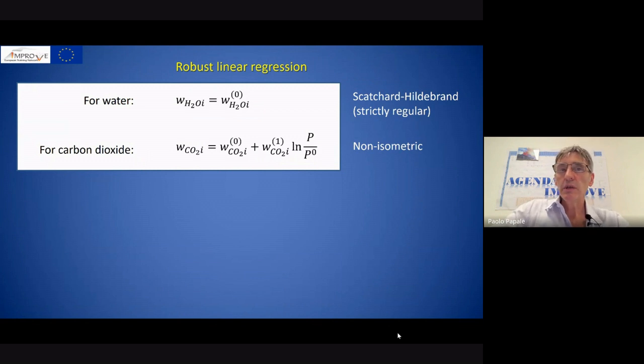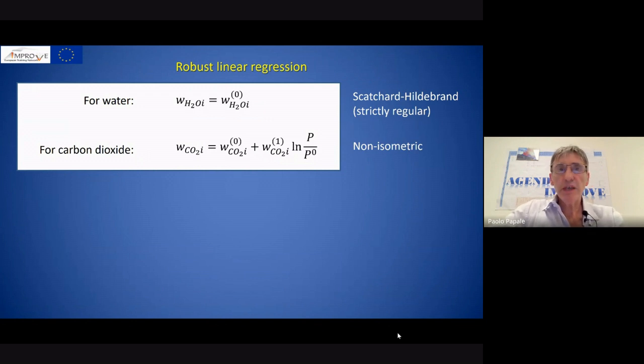On the contrary, for carbon dioxide, some form of pressure dependence of the binary interaction parameters turns out to increase with statistical significance the model performance in terms of reproducibility of the database. We will discuss it more in a moment. By now, let's just focus on the resulting number of model coefficients estimated by data regression.